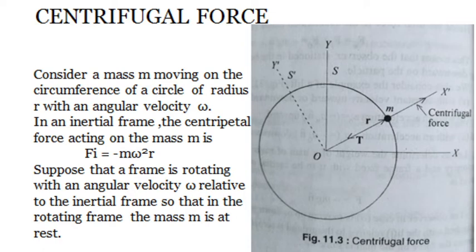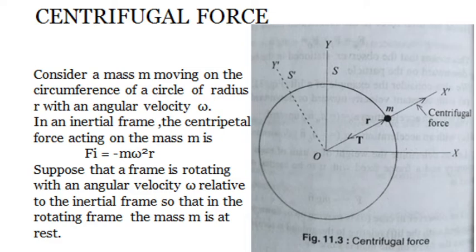That is a force which is acting in the outward direction from the origin, and at the same time a force is acting in the inward direction. Okay, when a stone is rotating in a circular path, this stone is experiencing some sort of force towards the center. At the same time there is another force which is acting from the origin. These are the two kinds of force acting in this case.